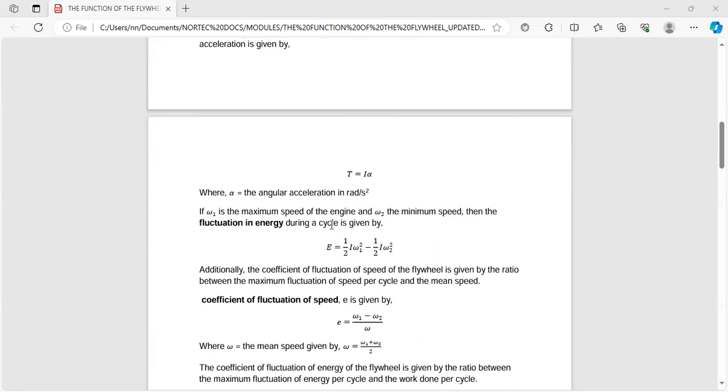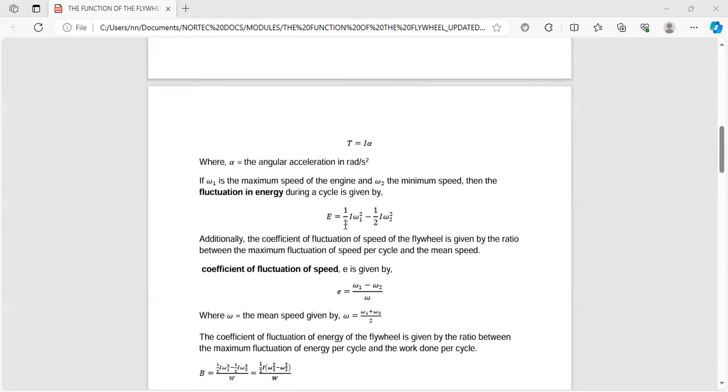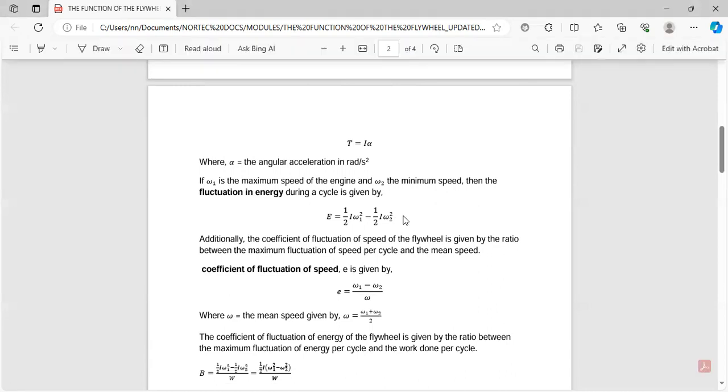But in this case, we're using omega-1 to represent the maximum speed, then omega-2 to represent the minimum speed. Then the fluctuation in energy of that flywheel is going to be given by the difference in kinetic energies between the maximum speed and the minimum speed. So hence, we have that formula there.